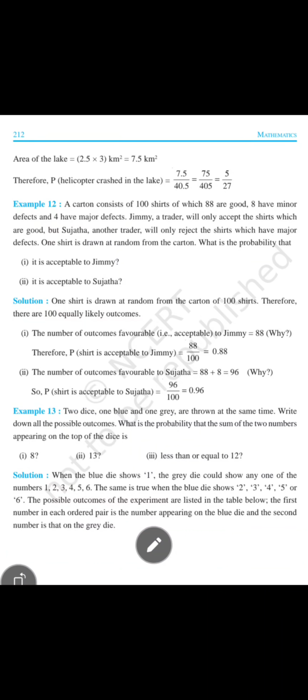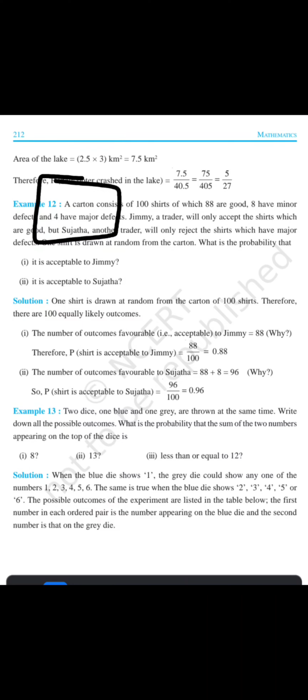13th one. 2 dice, 1 blue and 1 gray, are thrown at the same time. Write down all the possible outcomes. What is the probability that the sum of the two numbers appearing on the top of the dice is 8, 13, less than or equal to 12? 2 dice. Condition number 1 is 8. So what is the possibility?